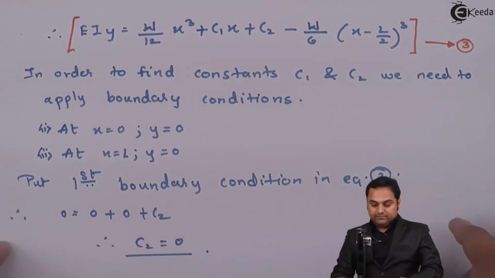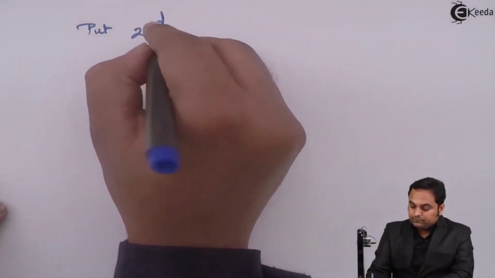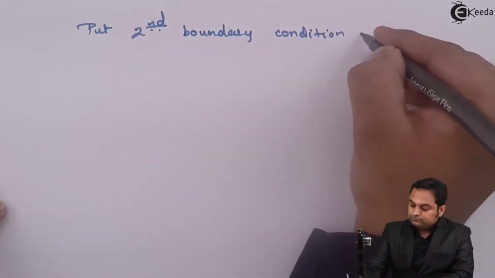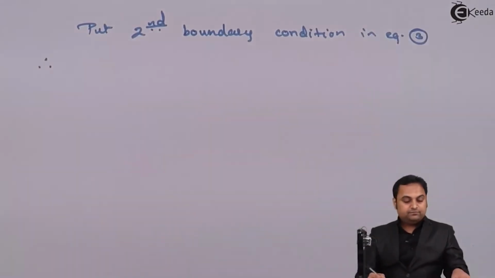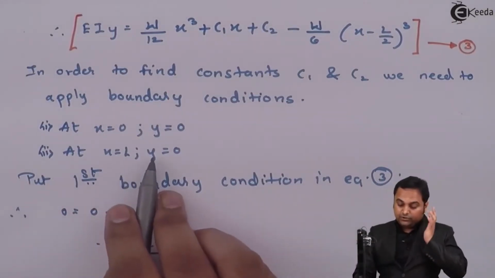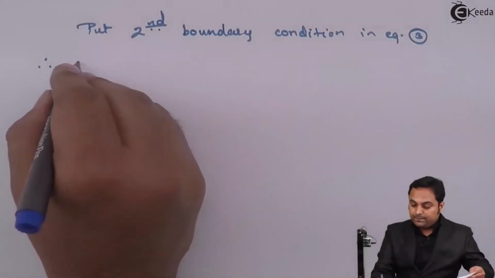Next, applying the second boundary condition, put the second boundary condition in equation 3. Therefore we have in equation 3 the second boundary condition at x is equal to L, y is 0. So if y is 0, left hand side becomes 0.